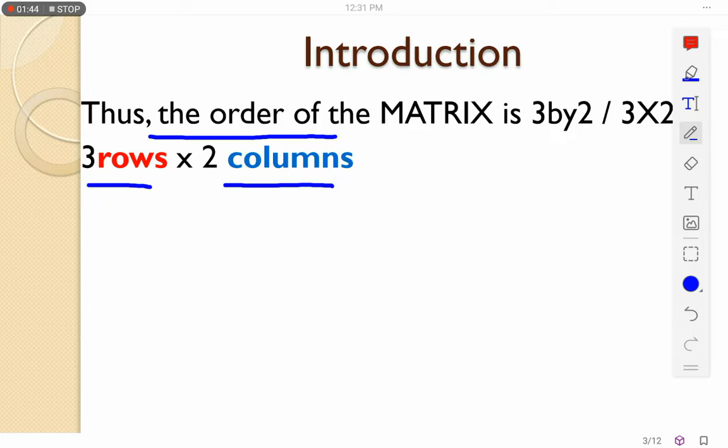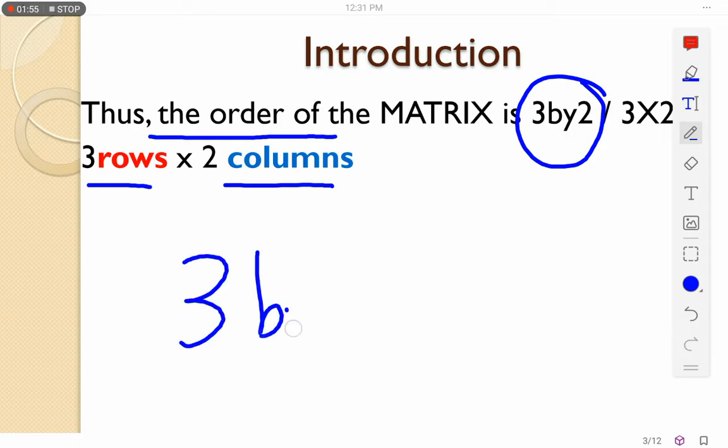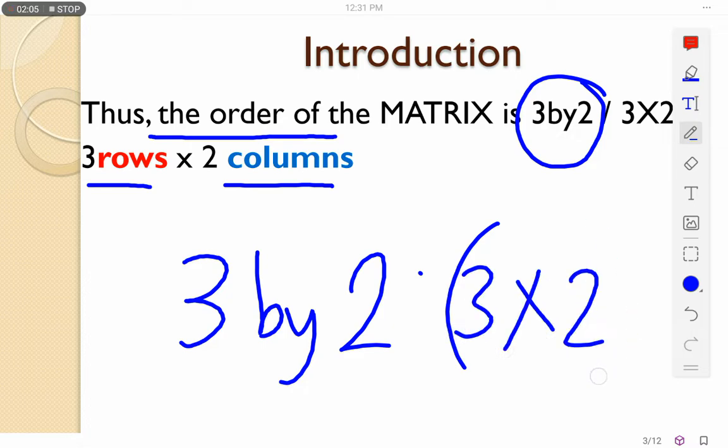So since we have got 3 rows and 2 columns, our matrix is a 3 by 2 matrix. We can even use a multiplication sign and say 3 × 2 matrix. That's the order of our matrix.